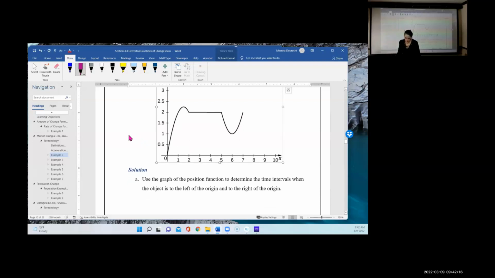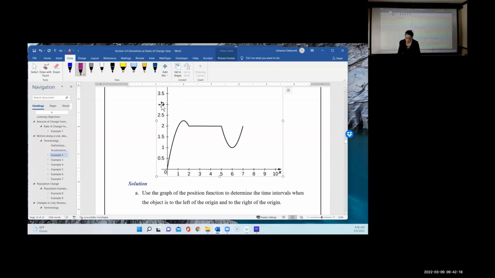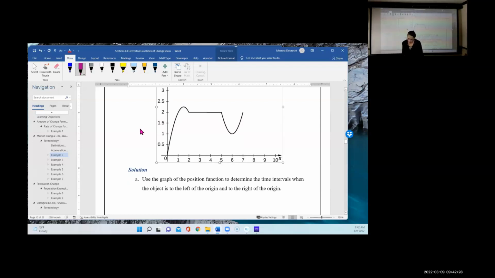Use the graph of the position function, so this is position versus time, to determine the time intervals when the object is to the left of the origin and to the right of the origin. So left of the origin would be west and right of the origin would be east. So again, the particle itself is traveling on an east-west road. Somewhere there's an origin.